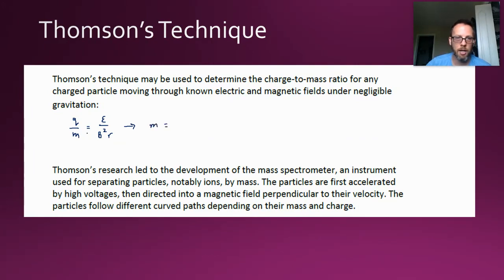So just doing some rearranging, we bring the mass up, and multiply the B squared over. So we get Q times B squared times R divided by the field strength.